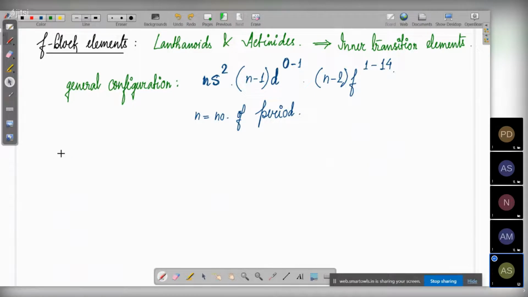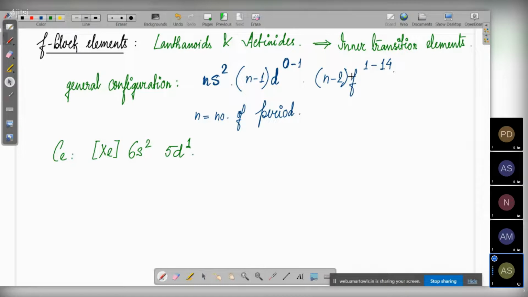So cerium will be xenon 6s2. So yes, ns2 is 6s2. Okay. Then you see 5d1, that is n minus 1, 6 minus 1, 5d1.